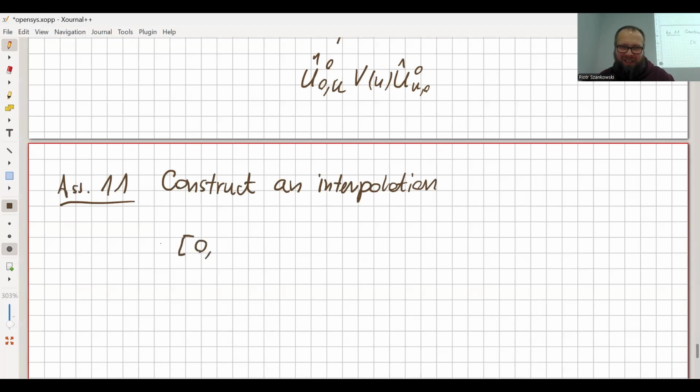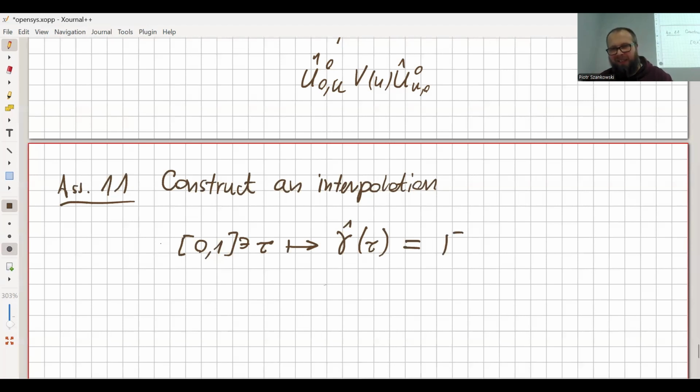What I mean by interpolation is that you have an interval from 0 to 1, and a time-like parameter, and you have a function, let's call it gamma. It's a unitary operator-valued function.